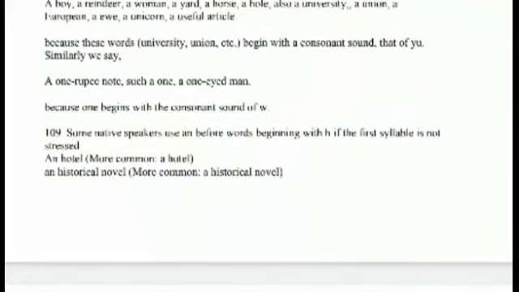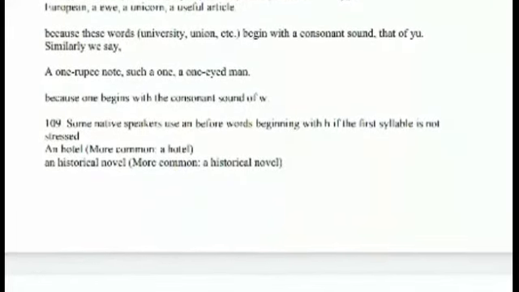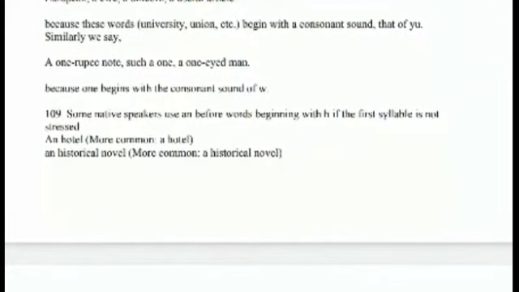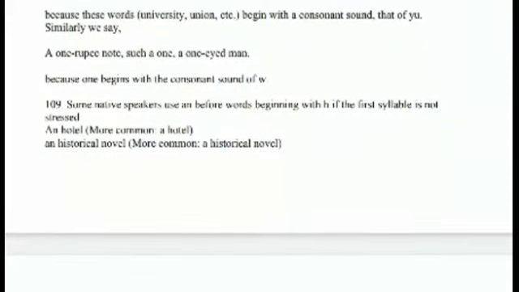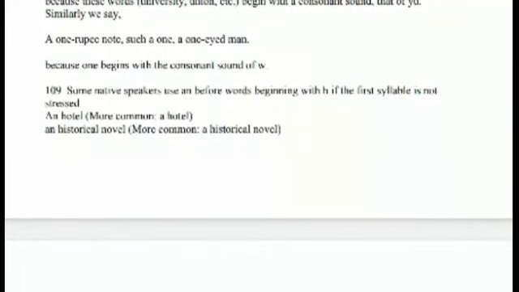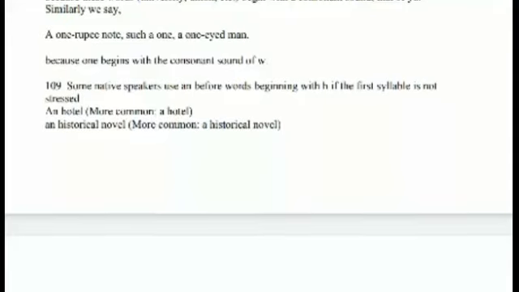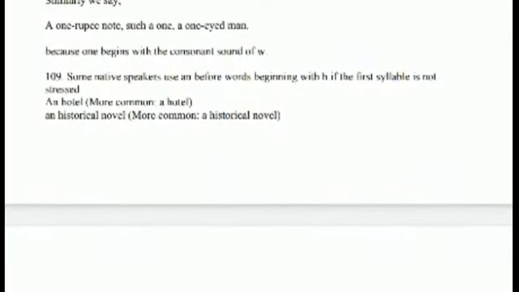So a is used before the consonant sound. A union, a European, a useful article. Because these words, university, union, etc., begin with a consonant sound.